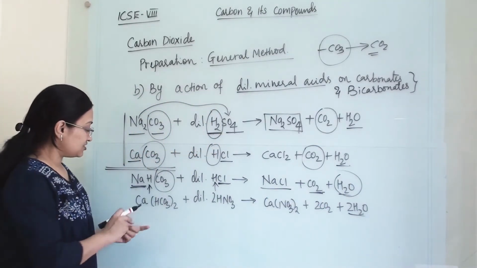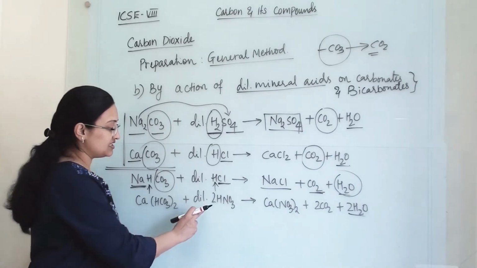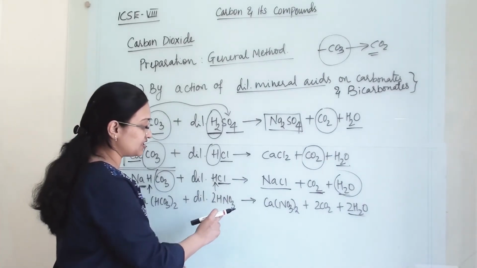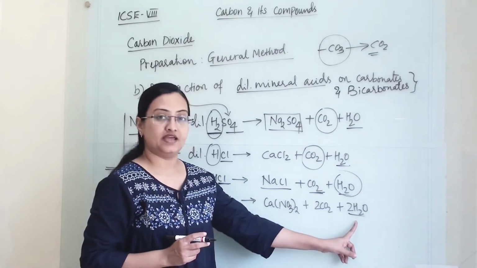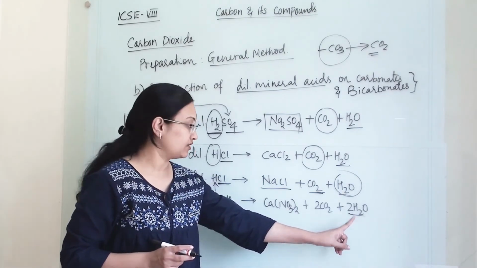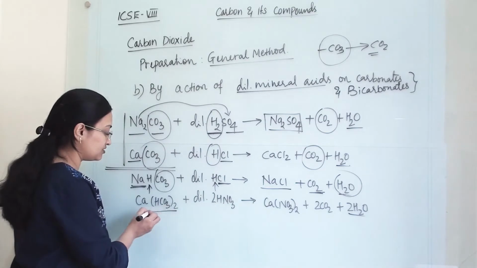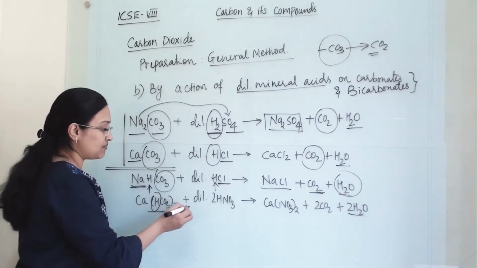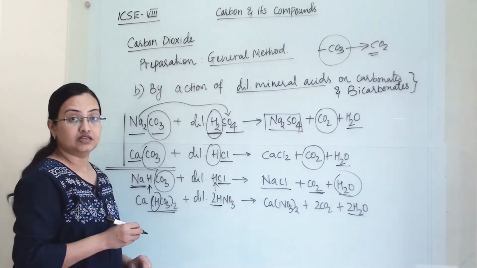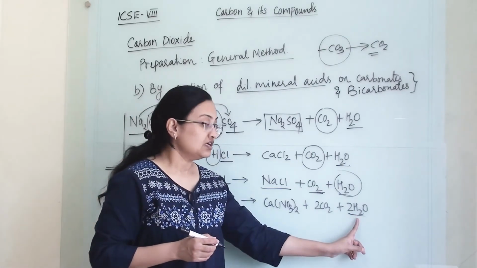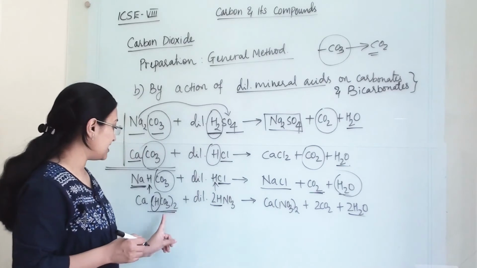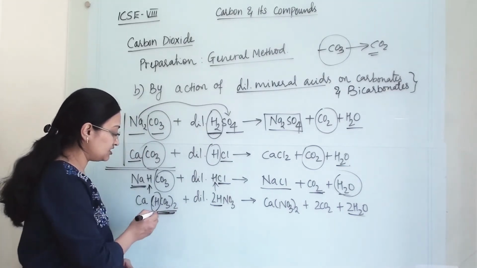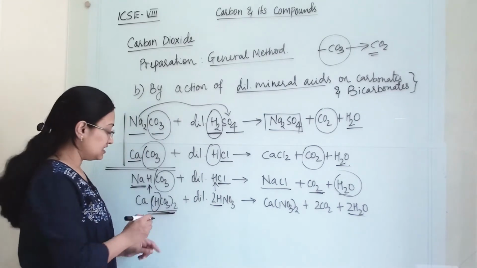In the next reaction, calcium bicarbonate, when it is reacting with dilute nitric acid, we will get calcium nitrate, carbon dioxide and 2 molecules of water. Why 2 molecules of water? Because here the hydrogen amounts are double. So we will get 2 molecules of water and 2 molecules of carbon dioxide, because here HCO3 is twice.